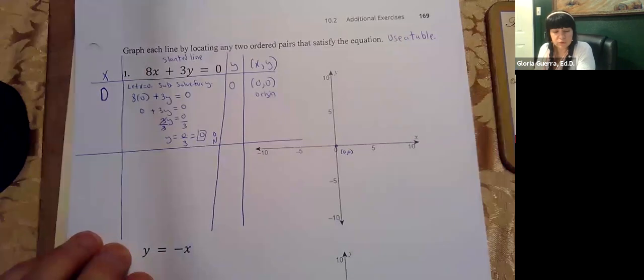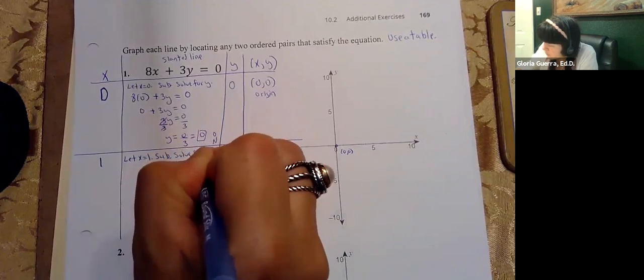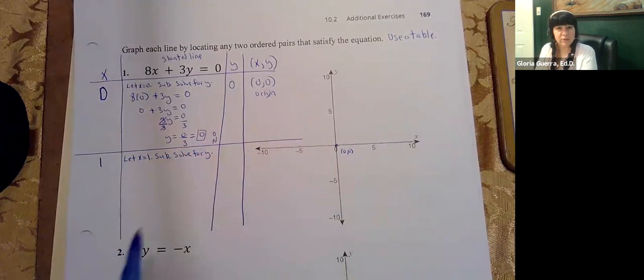Okay, and then if I choose a point like 1, let's say I let x equal 1, then you're going to sub and solve for y. You don't have to write these sentences every time, like on your test. I'm writing the sentences because we're learning, so you'll remember what we did when you go back and look at your notes.